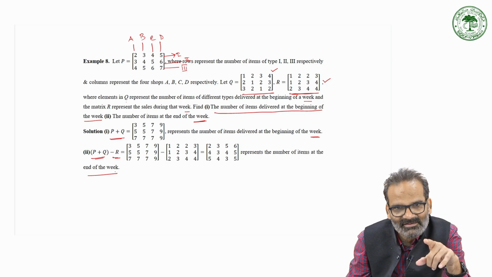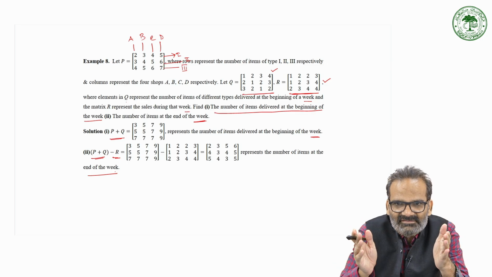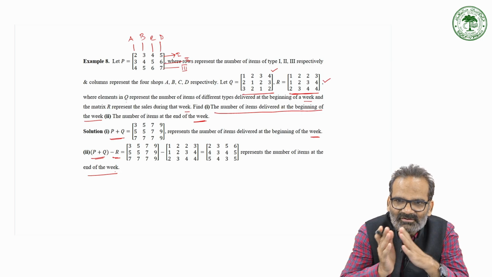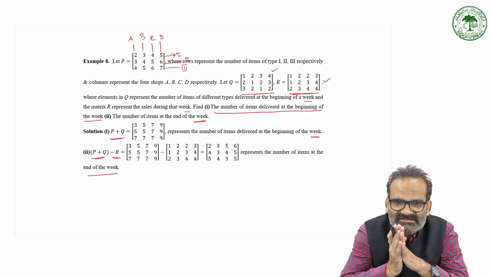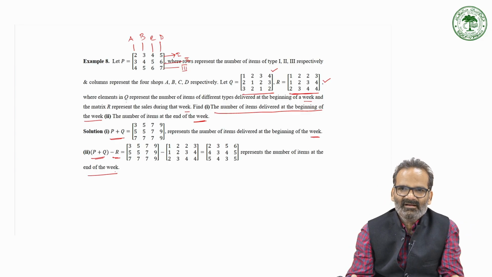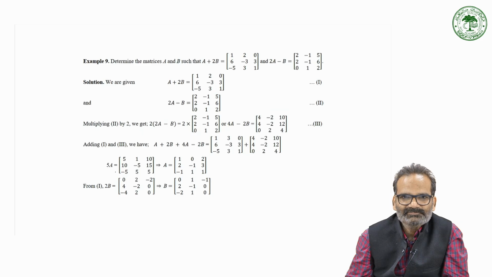What we want to calculate is the number of items at the end of the week. R doesn't contain the end of the week, so P plus Q, the delivery of the items at the beginning of the week, minus the sale, will give you the number of items at the end of the week, right? So P plus Q minus R will represent the number of items at the end of the week, right?